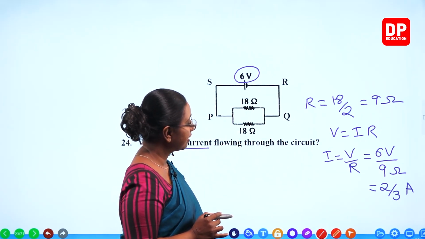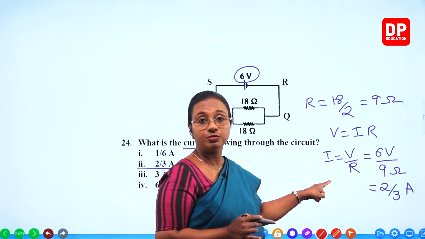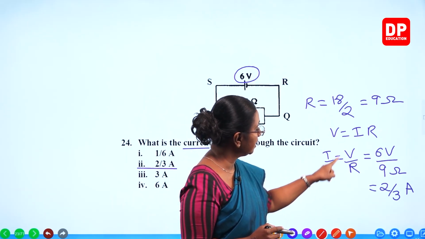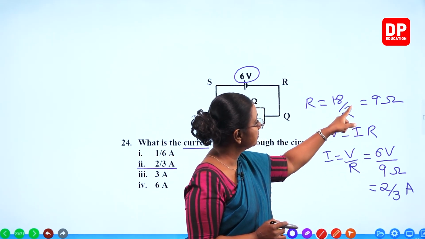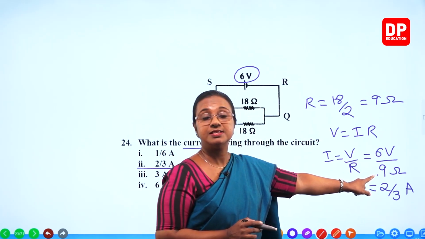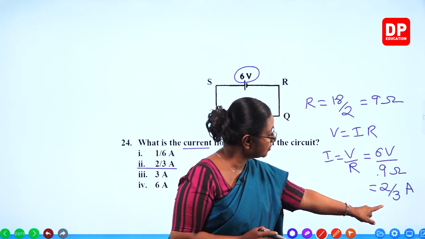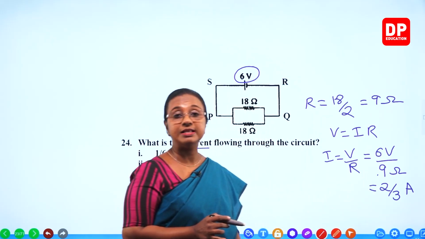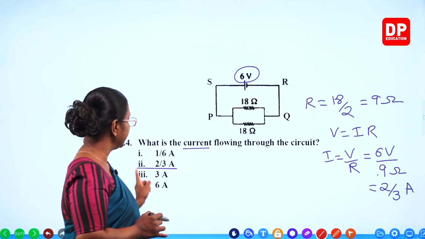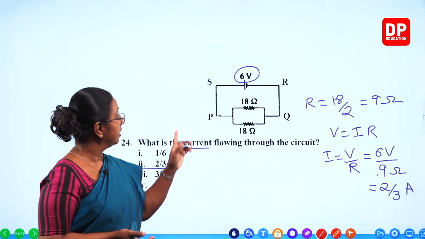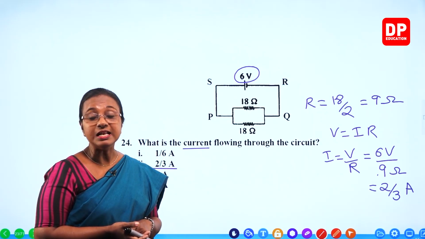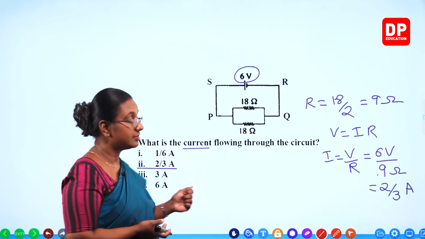Then to find the current flow, you have to rearrange the Ohm's law equation. I equals V over R. V is given as 6 volts. We calculated the equivalent resistance as 9 ohm. So 6 divided by 9, 2 by 3 amperes. 2 over 3. That is the answer there. Then we will move on to the last MCQ of this chapter.